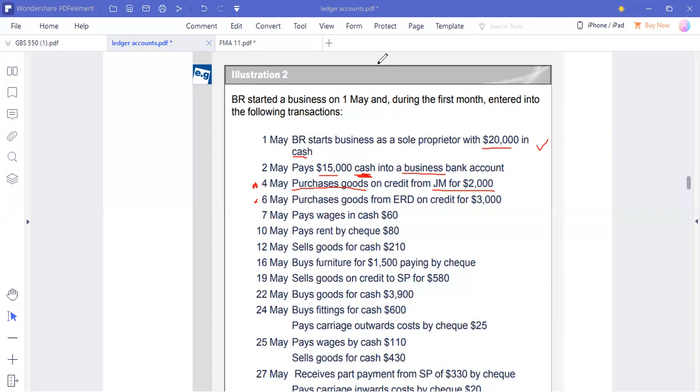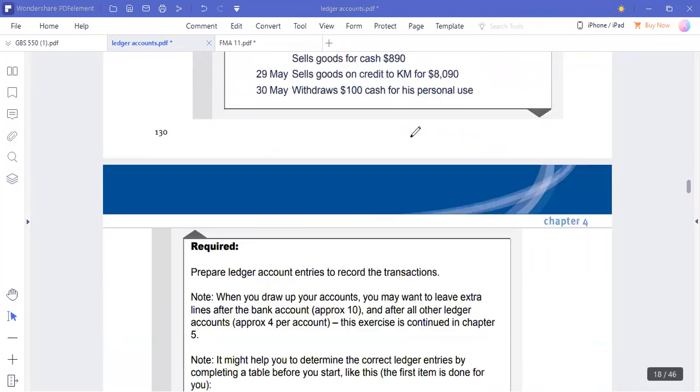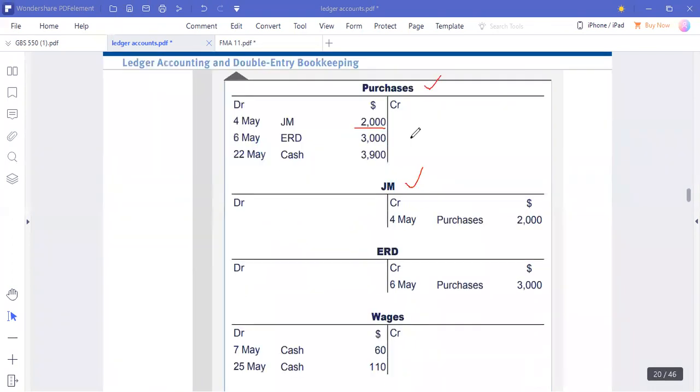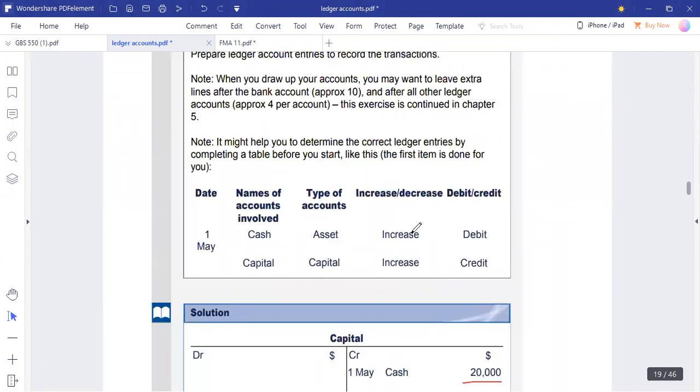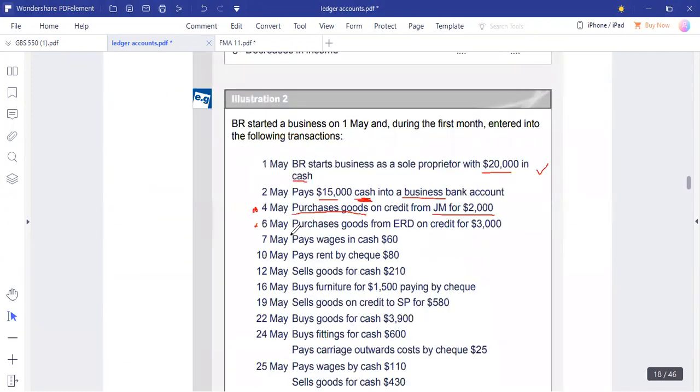Yes, so for this one, the purchases account will be debited, and then the ERD will be credited. Excellent. Why? Because ERD is our creditor. So the purchases account will be debited with the 3,000 as we're receiving the goods. The ERD account, we're going to credit because this one is a creditor. Correct.